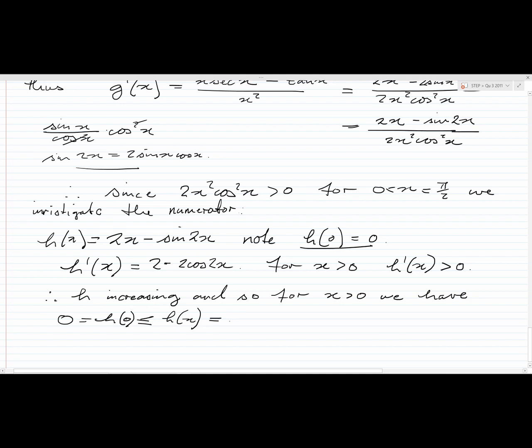So 0 is less than or equal to h of x, which is equal to exactly what we want, which is 2x subtract sine 2x. And this therefore means that the numerator is greater than 0, the denominator is greater than 0, therefore g prime of x is greater than, or equal to, well, it's not even equal to, is it? It's greater than 0 because x is never 0. So therefore, g is increasing. And we're done.